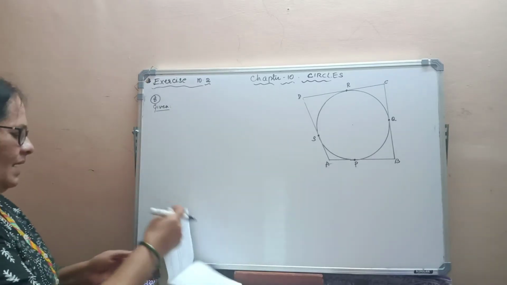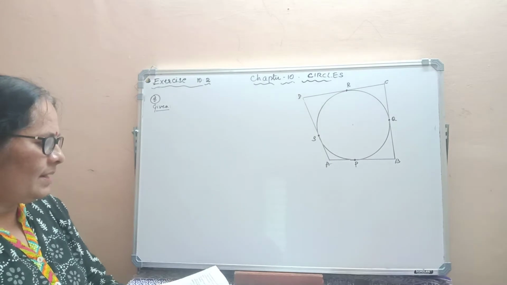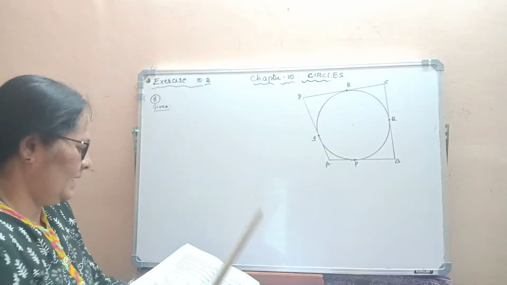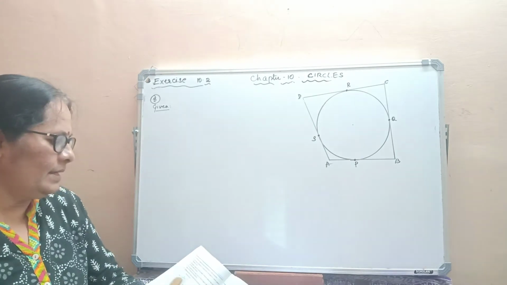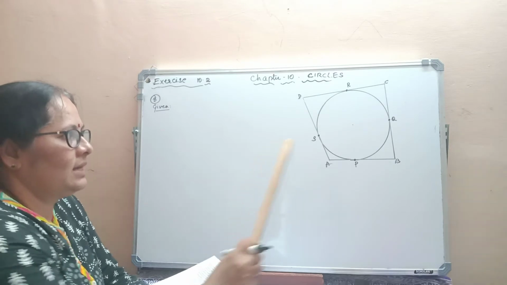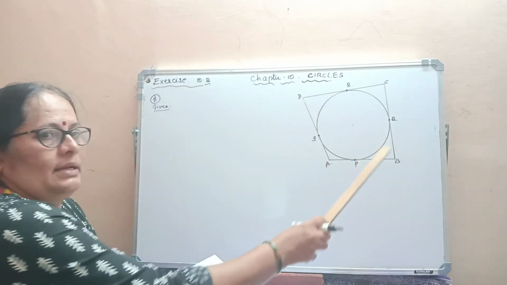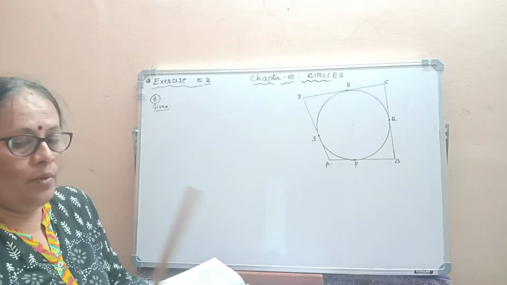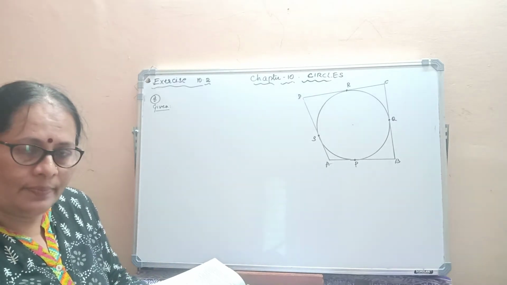In question number 8, a quadrilateral ABCD is drawn to circumscribe a circle. So the quadrilateral is outside the circle. What do you mean by circumscribe?